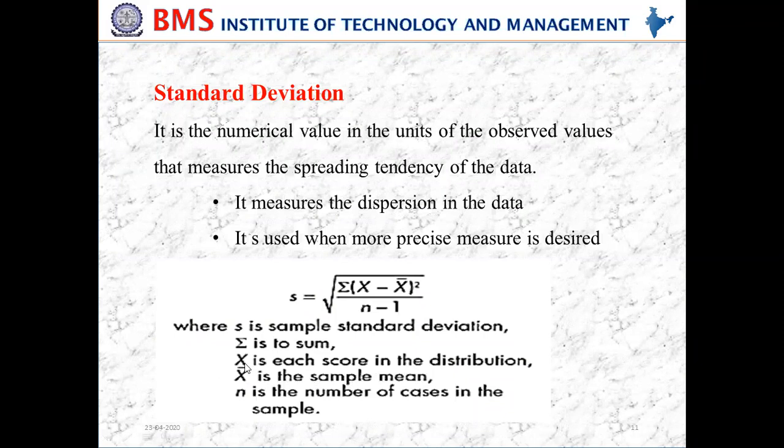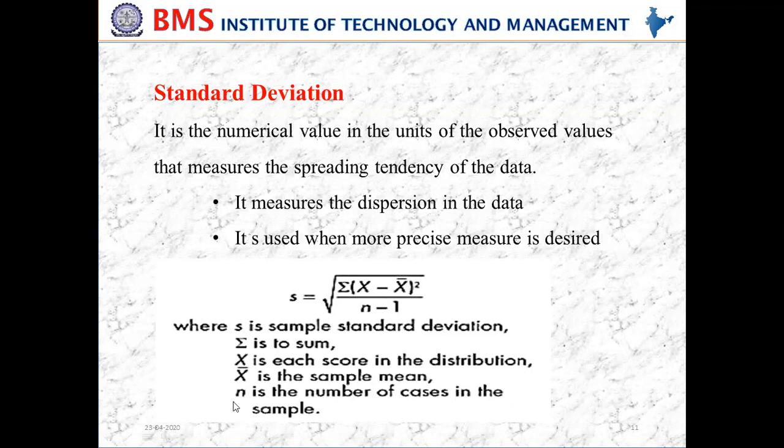We know how to calculate x bar, which we discussed in the measures of central tendency, that is the mean: the sum of observations divided by the number of observations. Once you calculate the x bar value, x1 minus x bar is taken and squared, and then the sum of all the values is divided by n minus 1.